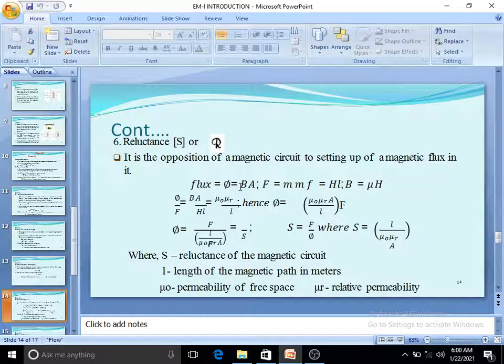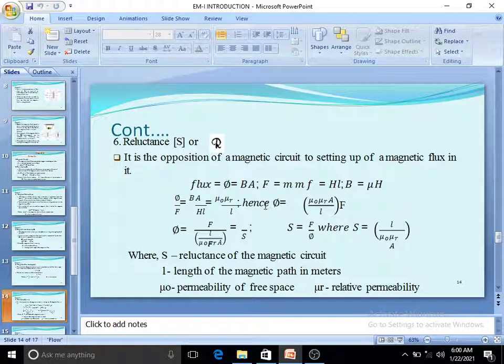Then now you write down flux by MMF, phi by MMF. So what is flux? BA. Clear? MMF is HL, right? So what about the B? Already from your EMF subject, the relation between B and H, magnetic flux density and magnetic field intensity: B equals mu H. Mu is here the permeability, right?